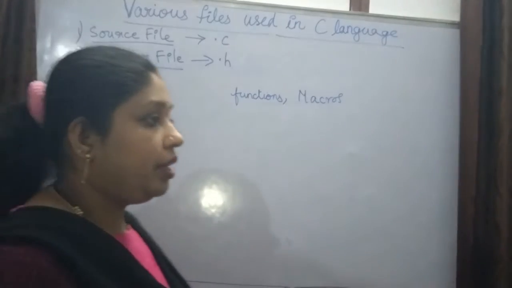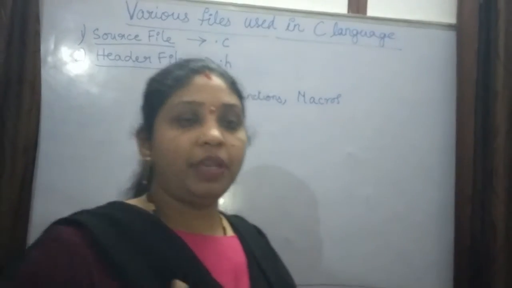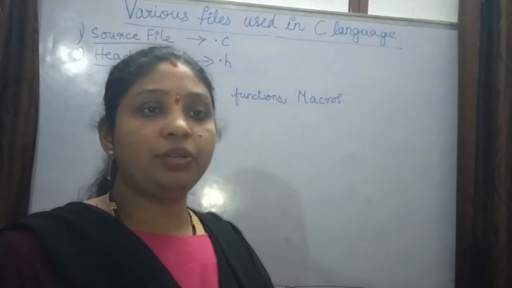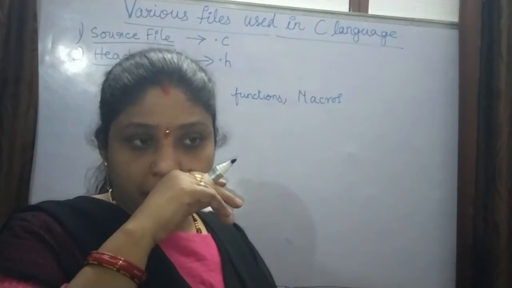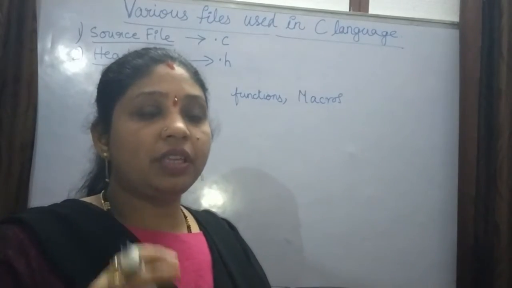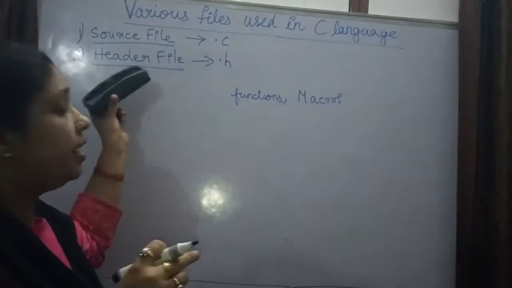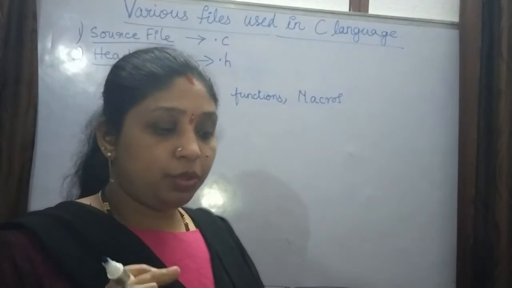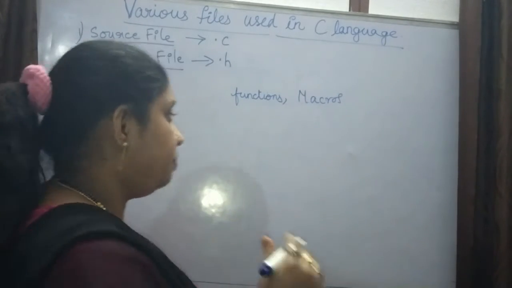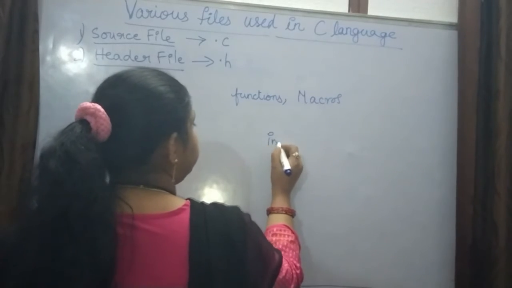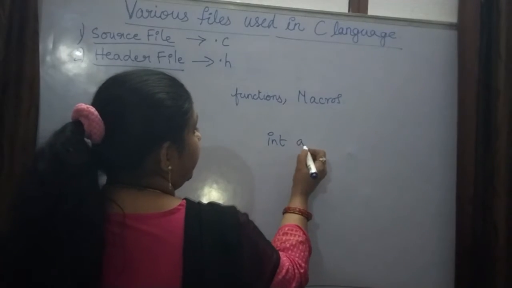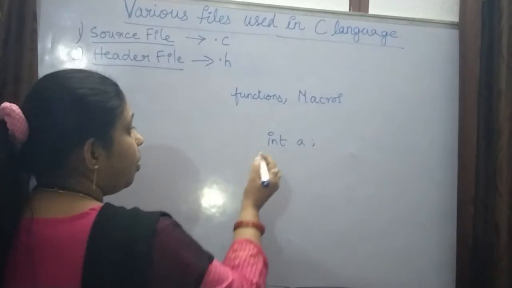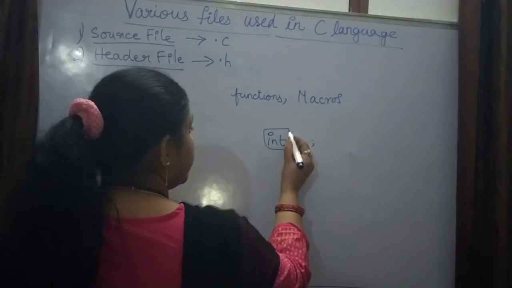Because when you write a program, a data type, int, all those keywords, identifiers, constants, whatever you give in the program, those keywords are present in these header files. Suppose you are giving the data type int and you are declaring a variable int a. Now how does the compiler understand int?